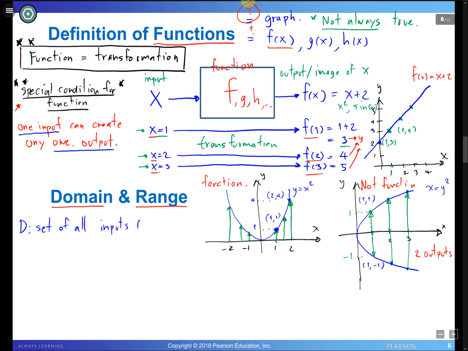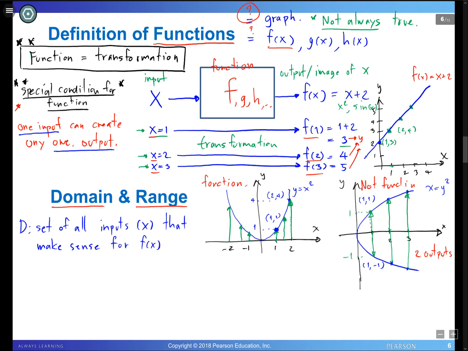In this case, we put x, right, of all inputs that make sense for the function, for f(x).